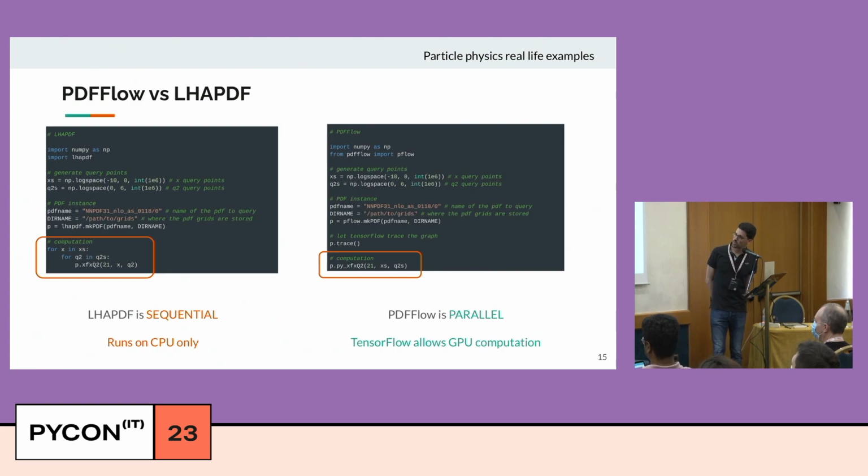So it requires 2 for loops. You have to draw a point on the x-axis. You have to draw a point on the q-axis and then call the function. The actual computation, instead, in our vectorized tool using TensorFlow, uses all the vectors as inputs.